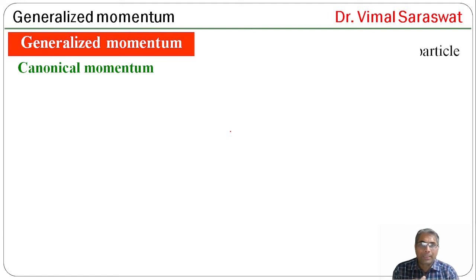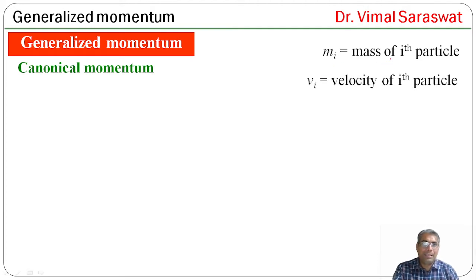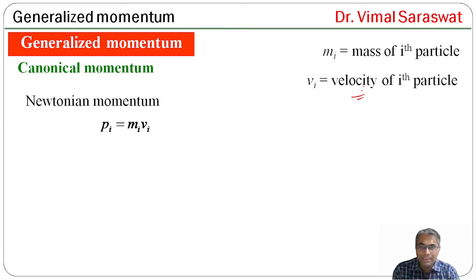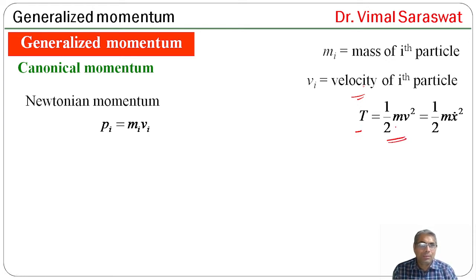The canonical momentum for a system having mass mi of the ith particle and velocity vi of the ith particle. So Newtonian momentum pi is given by mivi. Now the kinetic energy of the system T equals half mv square, and v is velocity, and velocity is dx by dt, or this will be x dot. So T equals half m x dot square.